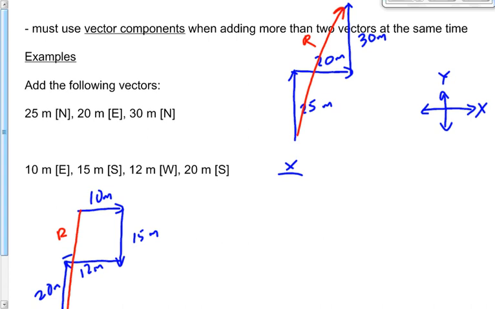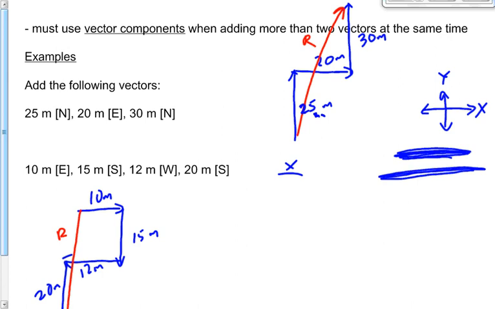How much of that 25 is x? How much of that 25 is on this axis? How much of that 25 meters right there is like this? The 25 meters we have right here, how much of that number is going horizontal like this?